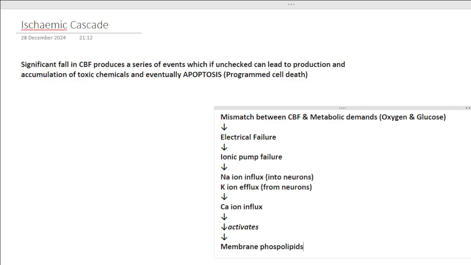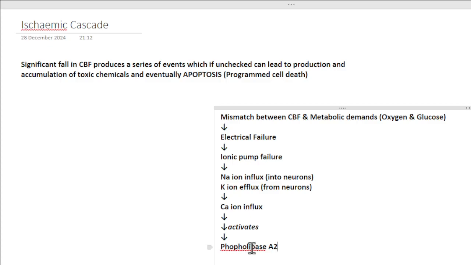Membrane phospholipids activate basically the enzyme phospholipase A2.